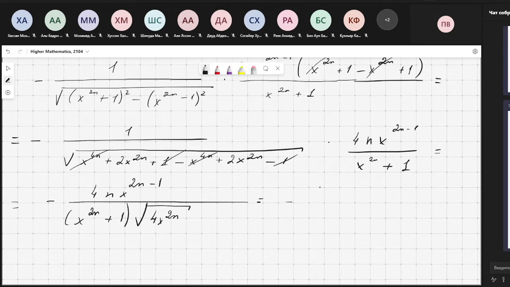We can see minus 4n x to the power of 2n minus 1 over x to the power of 2n plus 1, and this 2x to the power of n.